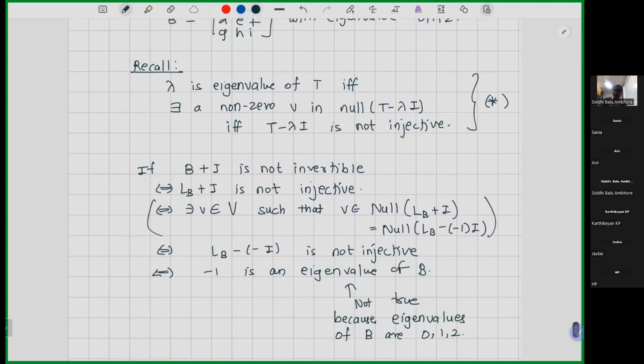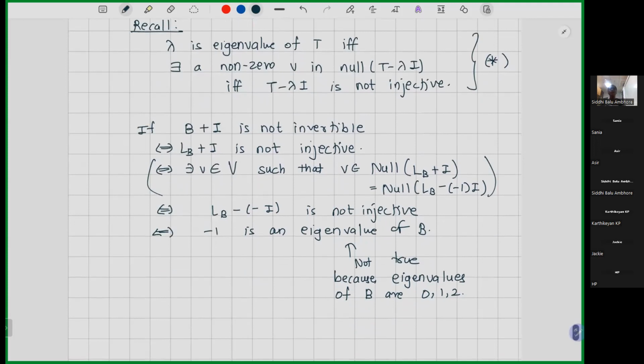This has to be invertible, because when we assumed that B plus I is not invertible, we arrived at a contradiction. So this is how we prove the statement. Now, this is true for any matrix B with eigenvalues 0, 1, 2.